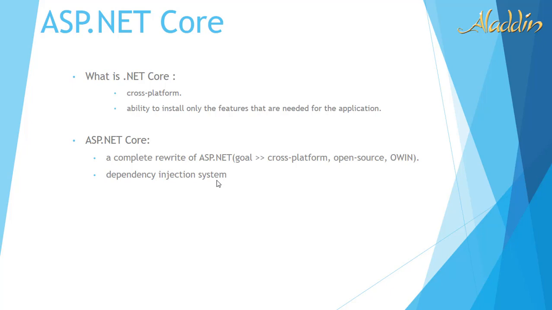So .NET changed to .NET Core, and we have the new ASP.NET Core. They say it is a complete rewrite of ASP.NET, and there is a goal behind this rewrite. As we mentioned at first, it will be cross-platform. I can run my project on Linux, on Windows, or even on Mac, so it is easy for me to use it anywhere.